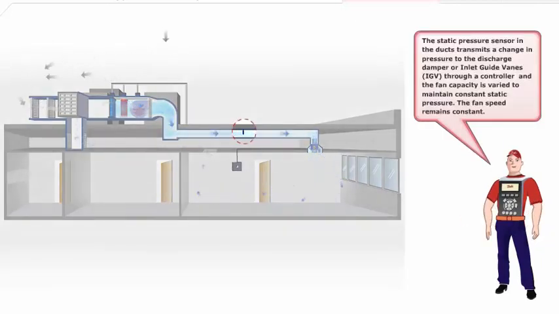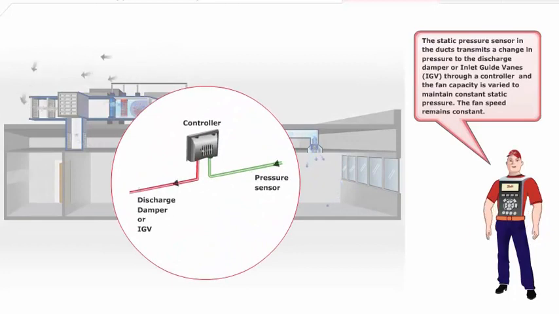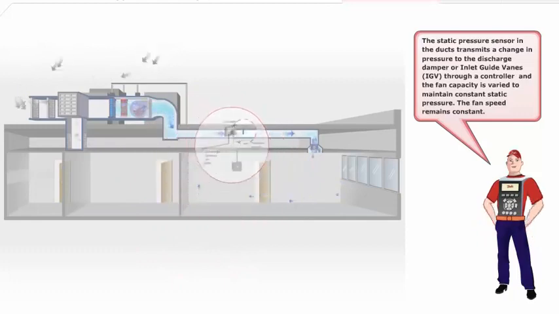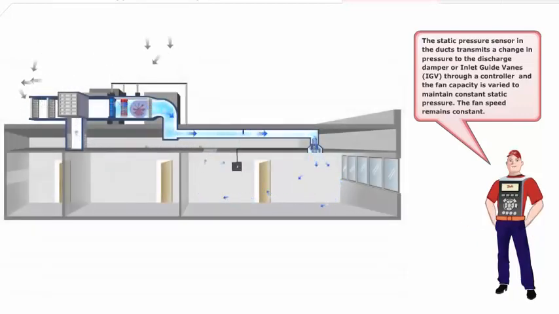The static pressure sensor in the ducts transmits a change in pressure to the discharge damper or inlet guide vanes through a controller, and the fan capacity is varied to maintain constant static pressure. The fan speed remains constant.